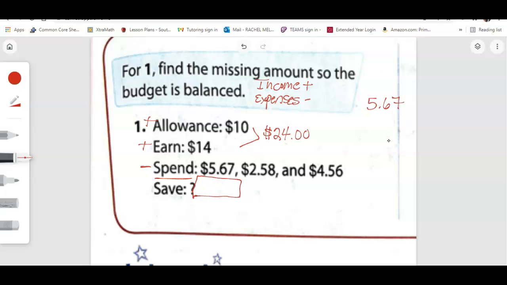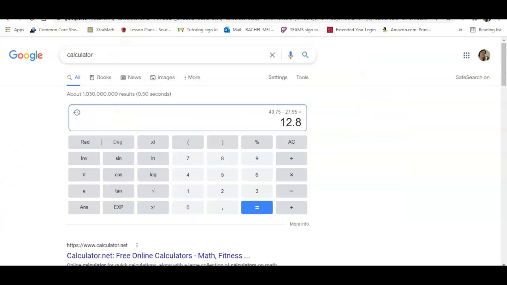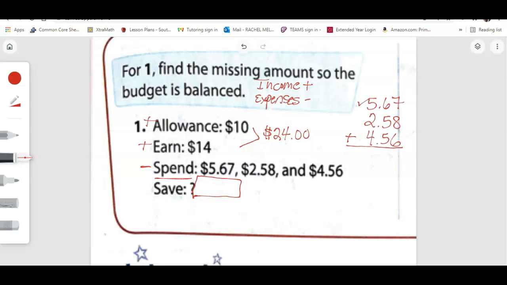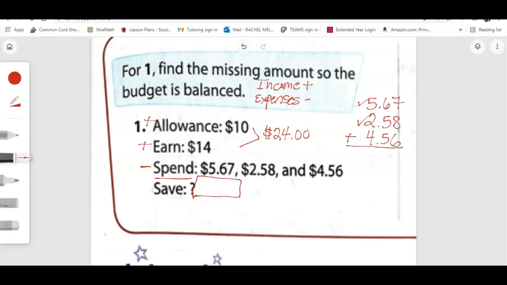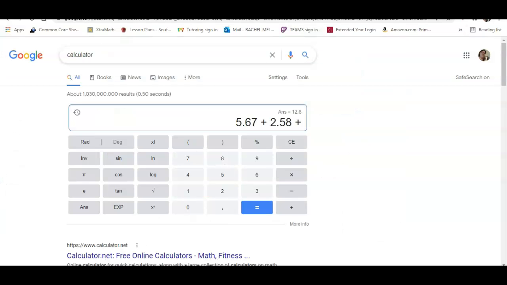Okay. So I have $5.67, $2.58, and $4.56 that I want to find my spending. So $5.67. So I'm going to clear this. $5.67 plus $2.58 plus $4.56.